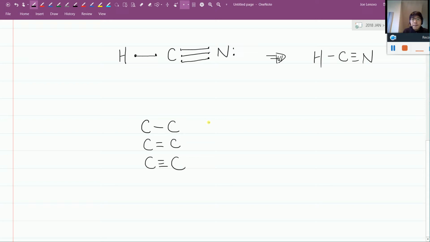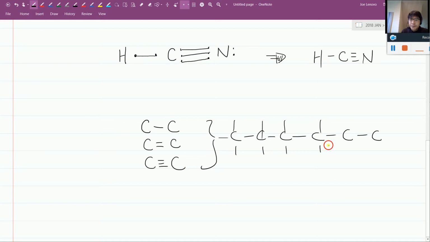So carbon has a very high variety. It can form all different types of bonding, single, double, or triple. If you put all the carbons next to each other, you will find carbon has one property that allows it to form lots of bonds: a carbon has the capacity to form very long molecules.